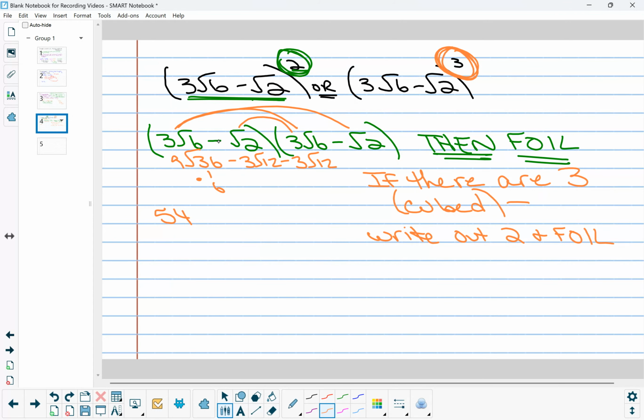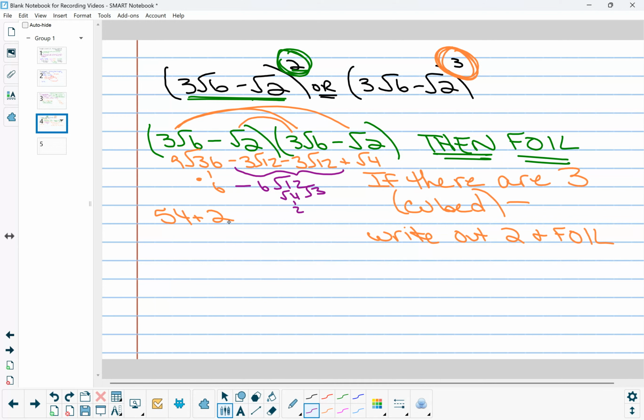And then I have a negative rad 2 and a negative rad 2, so plus a rad 4, which is just plus a 2. And then these two together are a negative 6 rad 12, but a 12 is a 4 and a 3, and a 4 is a 2.